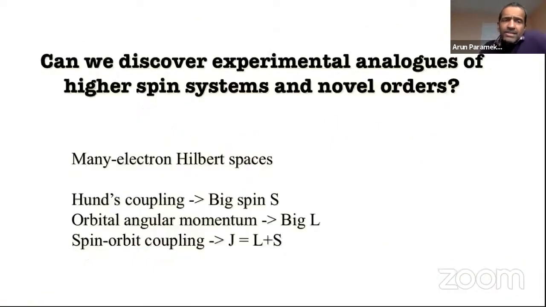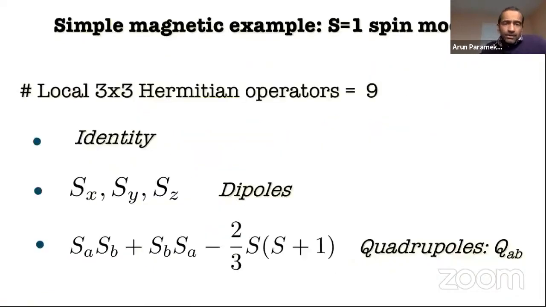And in fact, it's quite straightforward to ask where this comes from in a system like a spin 1 magnet. Once I go from a spin half to a spin 1 system, one has local operators that one can define, or if you want to think of local order parameters, on a site you have 3x3 matrices for a spin 1 problem.